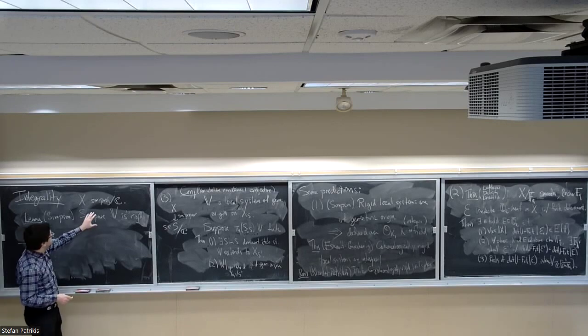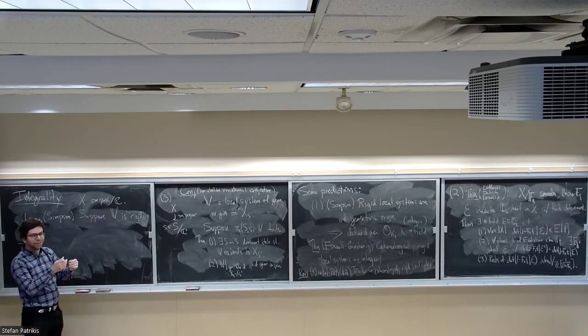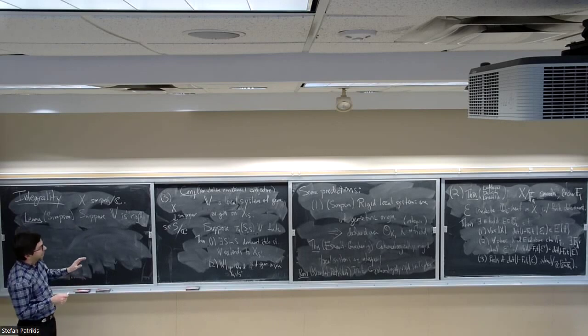In this case, being rigid just means you're an isolated point of the naive character variety, where you look at tuples of matrices for the generators, impose relations, and then mod out by GL_N. Cohomologically rigid just means that H^1 of the adjoint representation is 0. So what's the theorem?